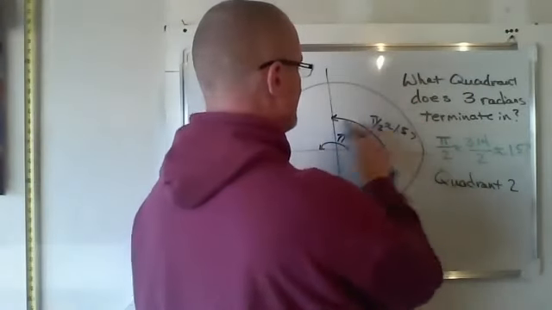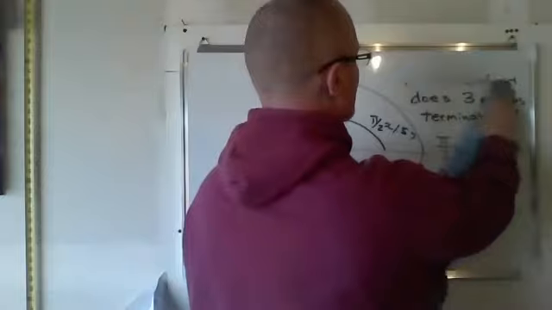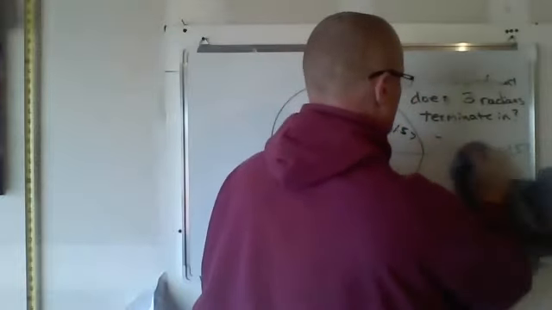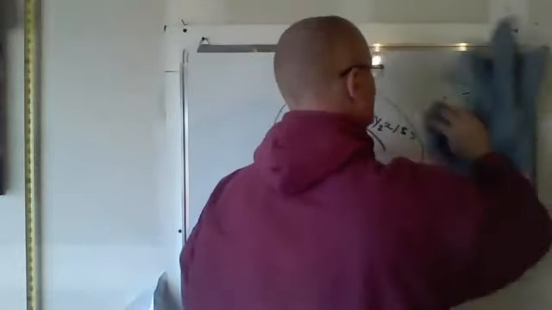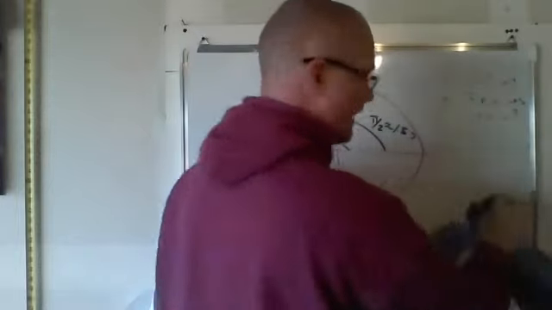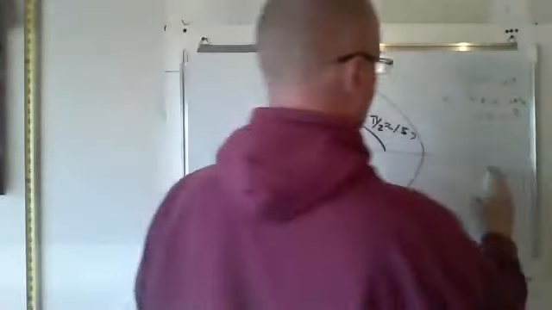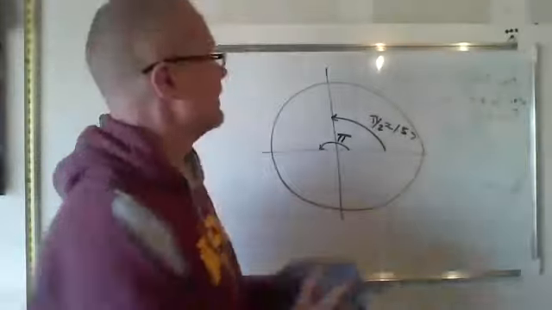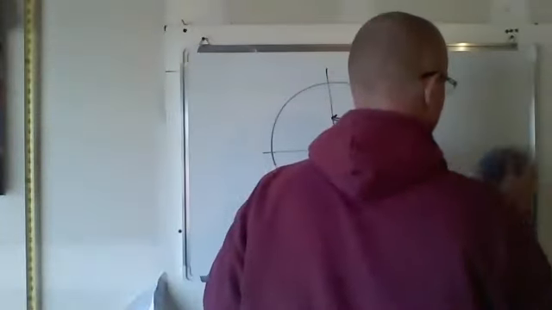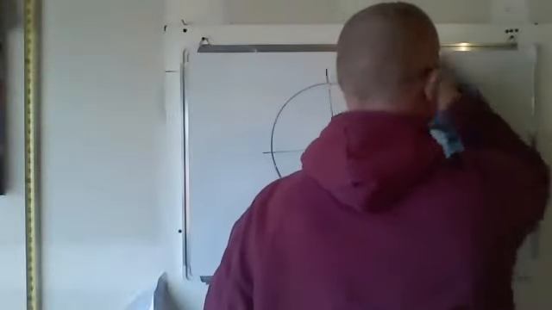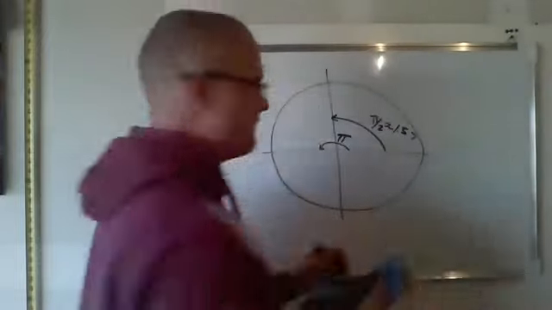All right, so let's kind of leave that stuff up there. And let's ask a different question, and this is really good, because different families, depending on the denominator, are going to make us talk about the quadrantal angles in different ways.